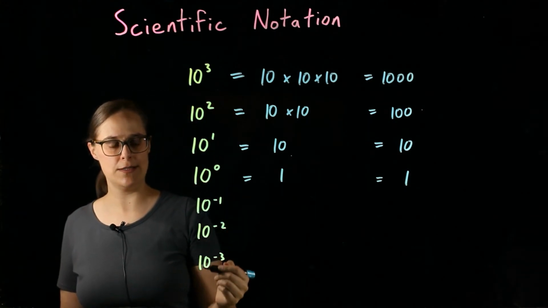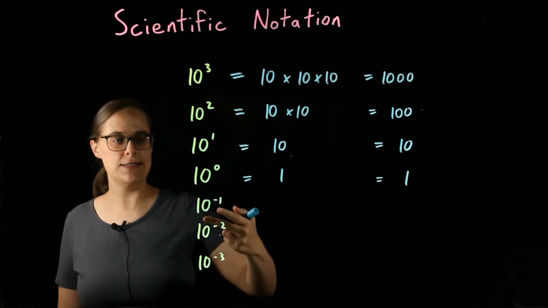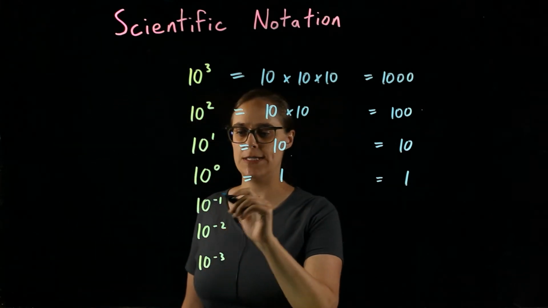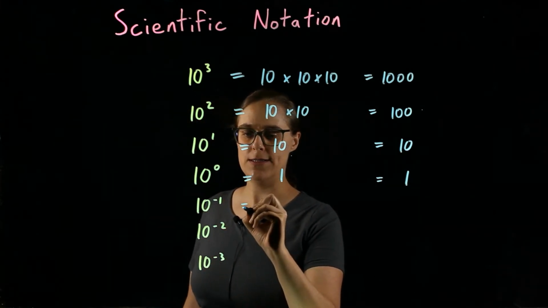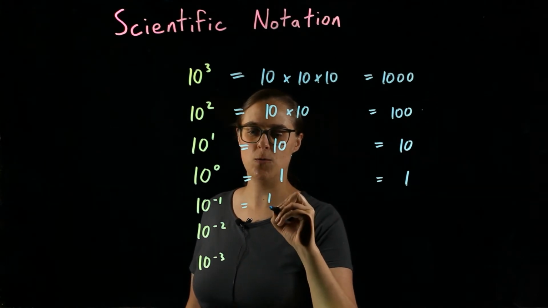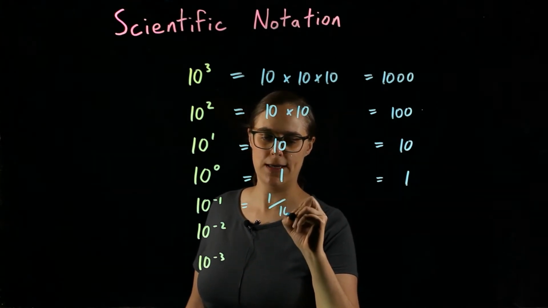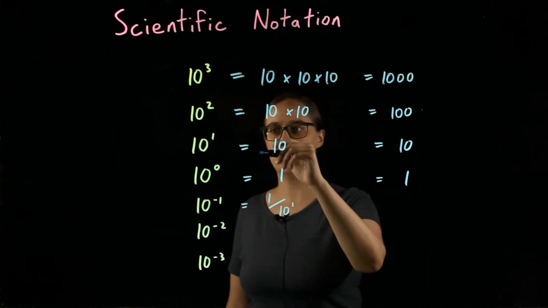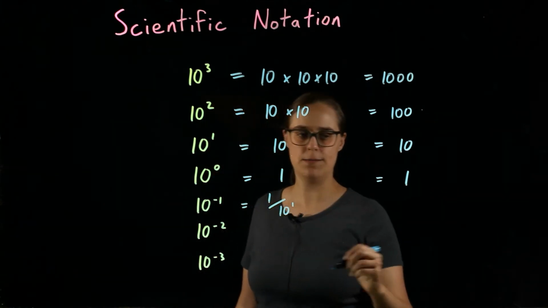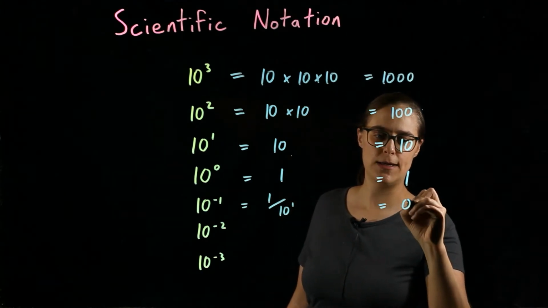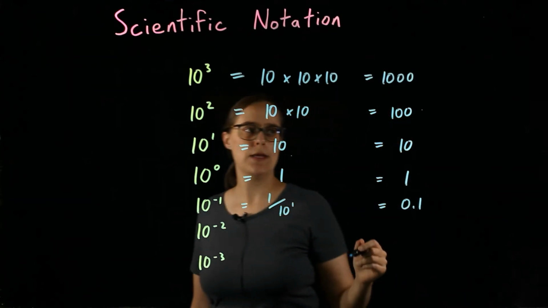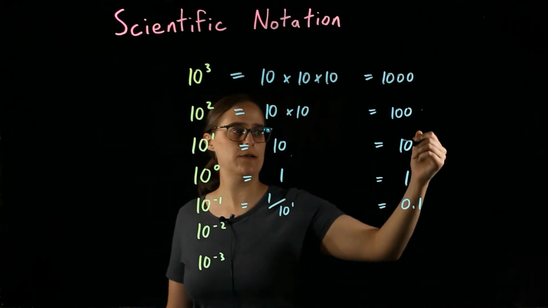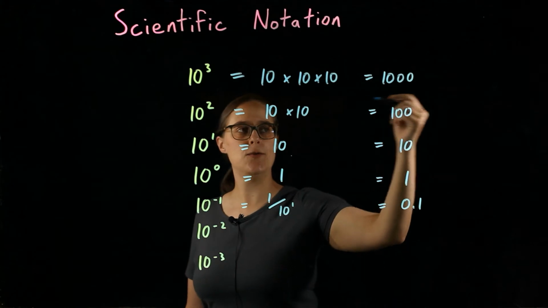Now, negative exponents. Think of these as dividing by 10 to the first power. So 10 to the minus 1, this can be thought of as being equal to 1 divided by 10 to the positive 1. In other words, 1 divided by 10 is going to be 0.1. But look at our decimal point location over on this column so far. The trend is continuing.